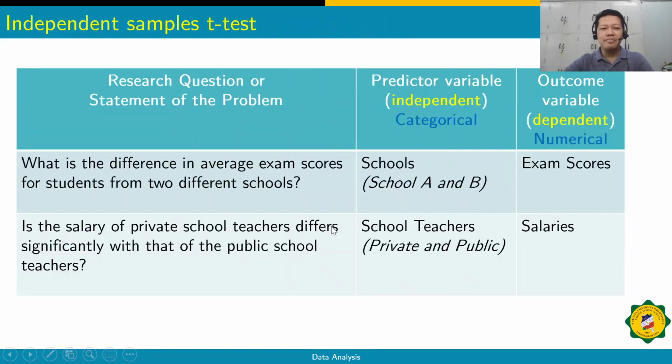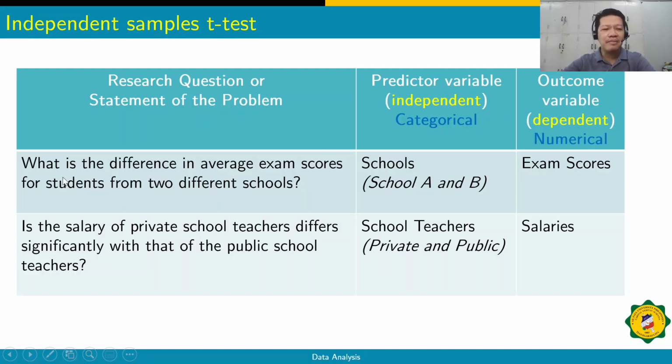Let's have an example of a research question or a statement of the problem, and we're going to identify the dependent and independent variables. In this example, these are the research question or statement of the problem wherein we can use the independent sample t-test.